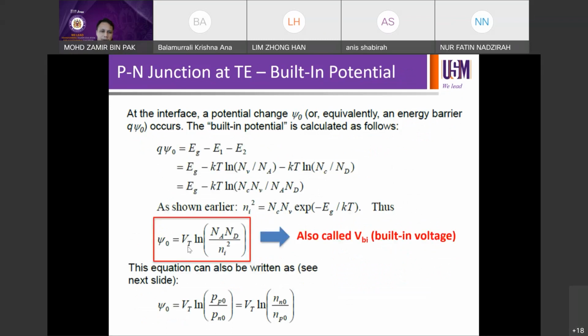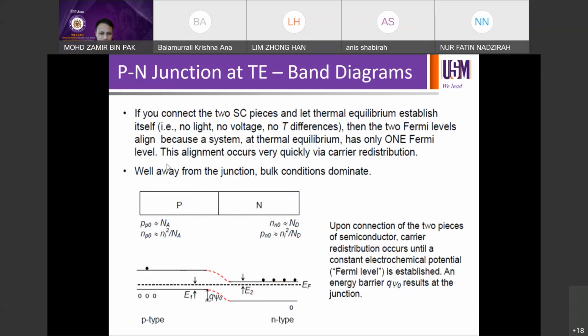And the barrier height, q psi naught or qVBI, if you like, you can replace this with VBI, is given by, if you go back to this page, the EG, which is given by the difference between EC and EV.